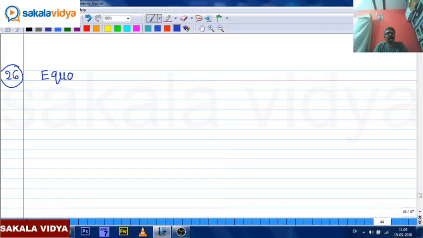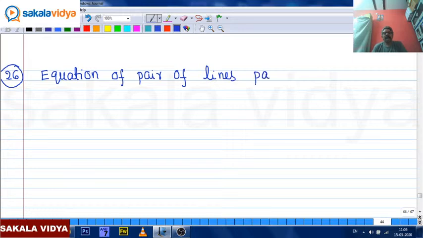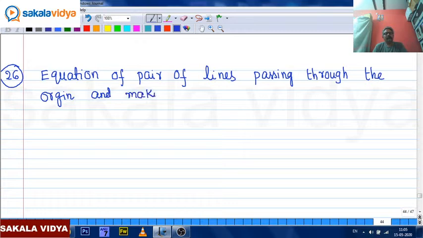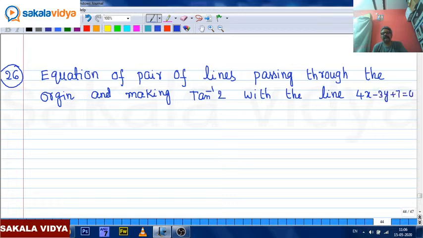Equation of pair of lines passing through the origin and making tan inverse 2 with the line 4x minus 3y plus 7 is equal to 0 is.